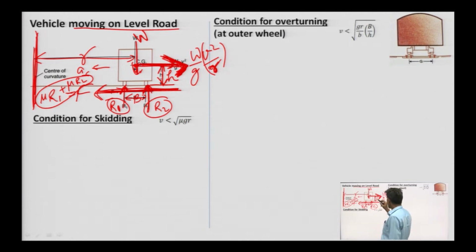Otherwise, once this value is more than the friction, the vehicle is going to skid on the ground.